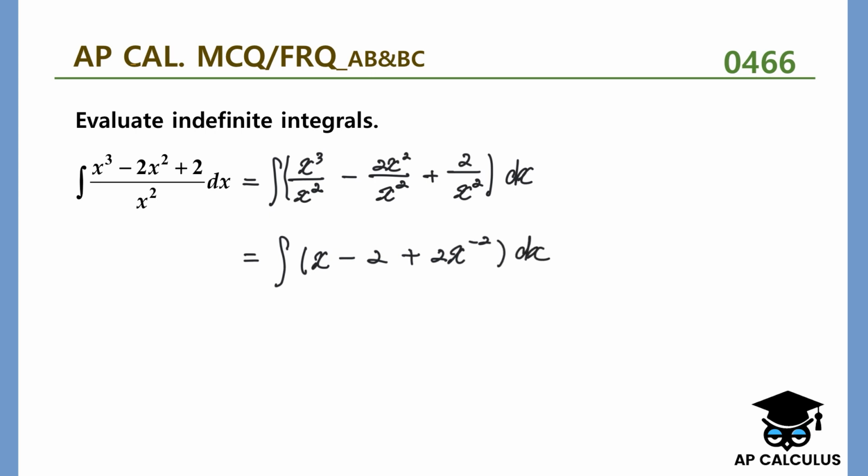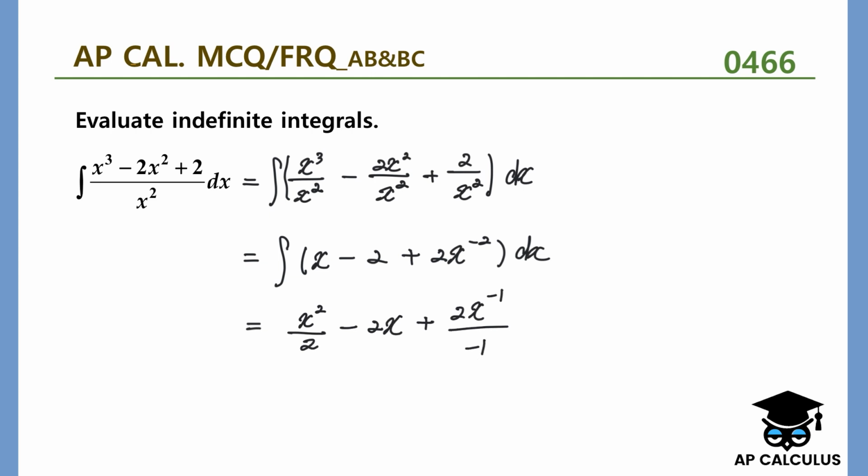Let's find the antiderivative of each term separately. x becomes x squared over 2, minus 2x, plus 2x to the power of negative 2 plus 1, which is negative 1, over negative 1.